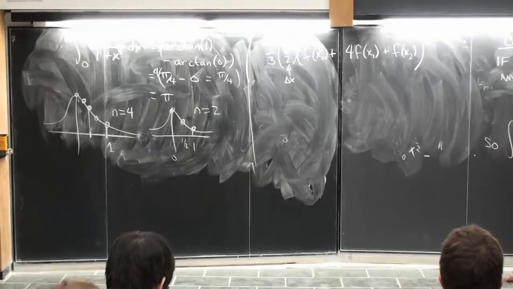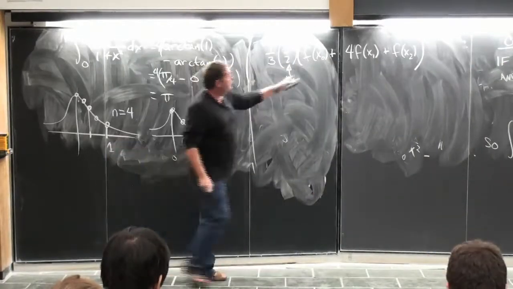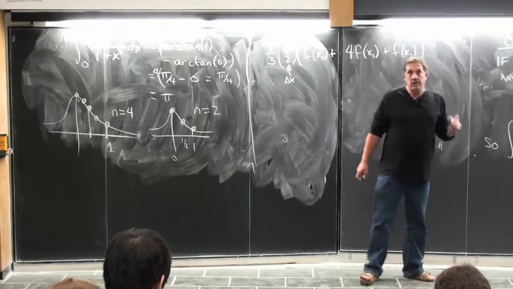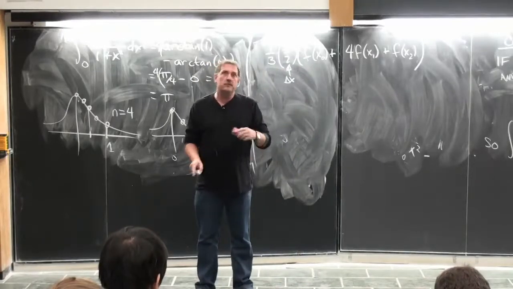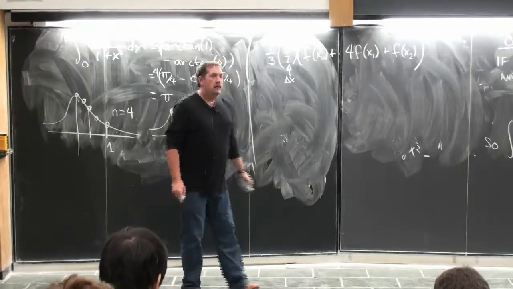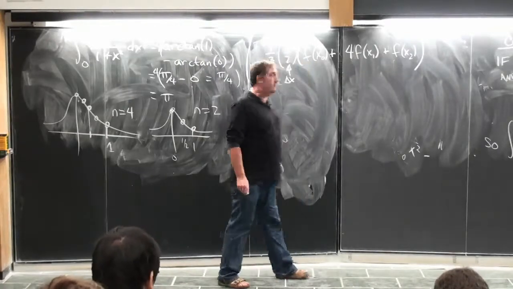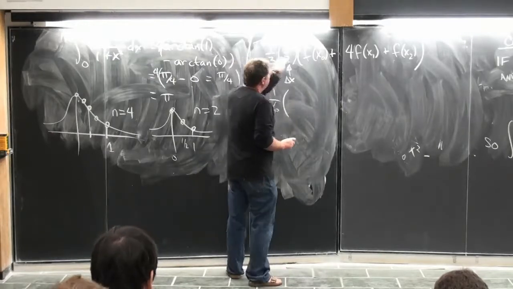If we had been doing n equals 4, then this one would be a 2, then a 4, and then a 1. So it goes 1, 4, 2, 4, 2, 4, 1. Since we're only doing 2, there's nothing with a coefficient of 2. So in this case, we get a 1/6 here.